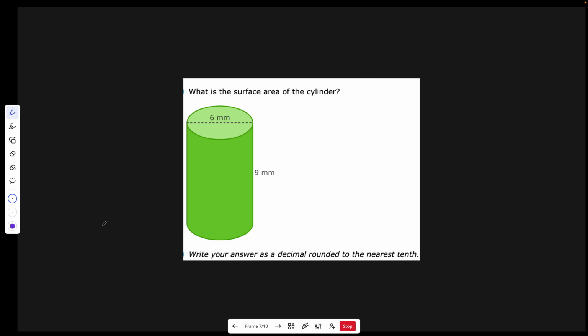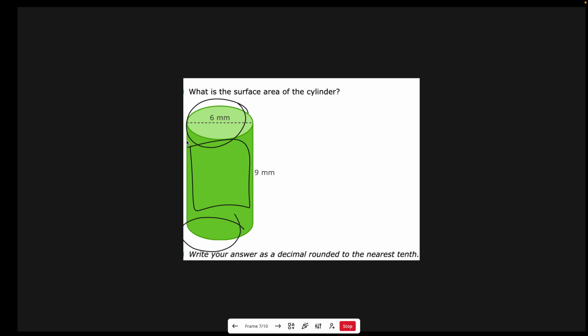Now, how do we actually calculate the surface area? Well, we're going to talk through two ways here. Let's start with just thinking about the fact that we said there's a circle on the top, there's a circle on the bottom, and there's a rectangle. So off on the side here, let's call this the top circle.